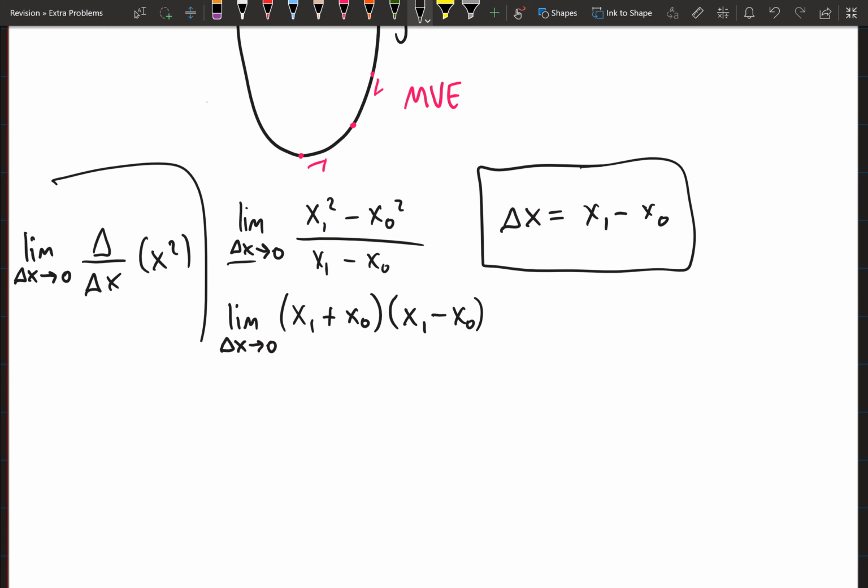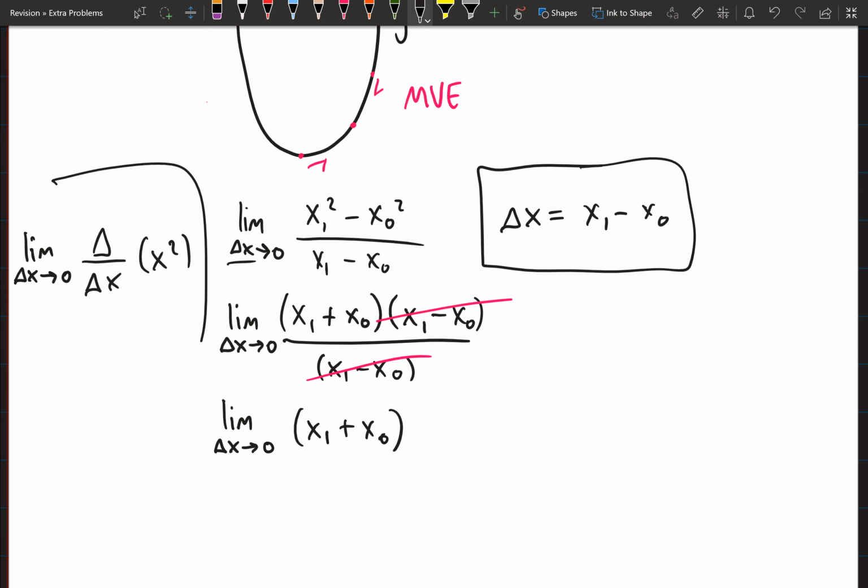That is the same as the rational expression, and this on the bottom remains x1 take away x0. And we can see that these cancel each other out. And now we take the limit as delta x tends to 0 of x1 plus x0.